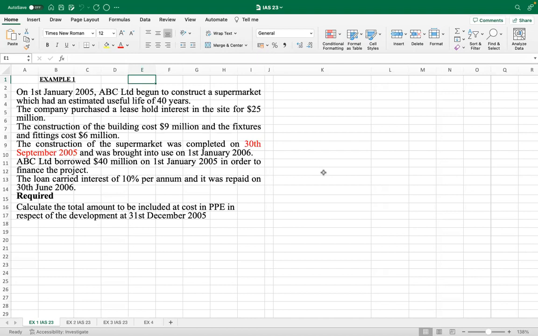And then we are being told the company purchased a leasehold interest in the site for 25 million. The construction of the building was 9 million, and fixtures and fittings cost 6 million. The construction of the supermarket was completed. I've highlighted the date of completion, and it was brought into use on 1st January 2006. ABC Limited borrowed 40 million. So when we are starting to look at this question, we must start by looking at, first of all, how much was borrowed.